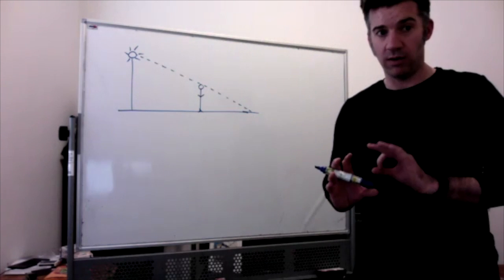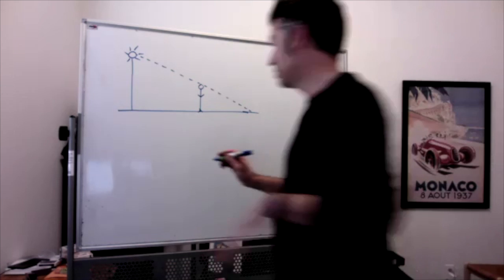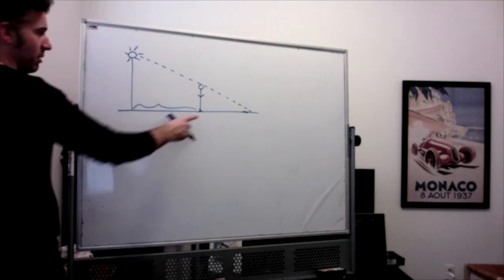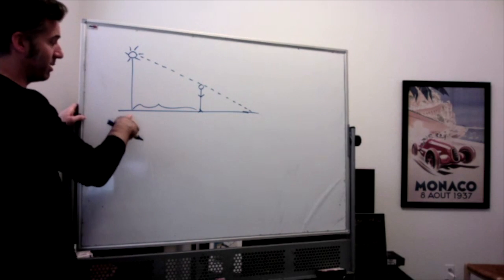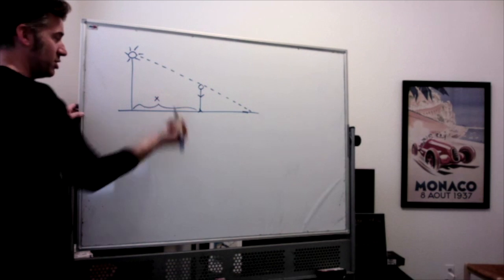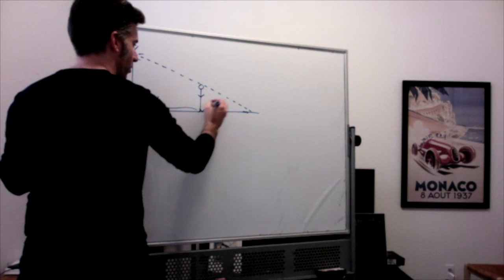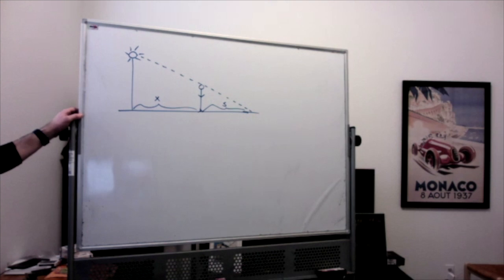Really important here in a situation like this, you have to label the things that are changing with variables. So this length here, the length between my person and the base of the street lamp, that's changing. I'm going to call it X. And then the length of the shadow is also changing.